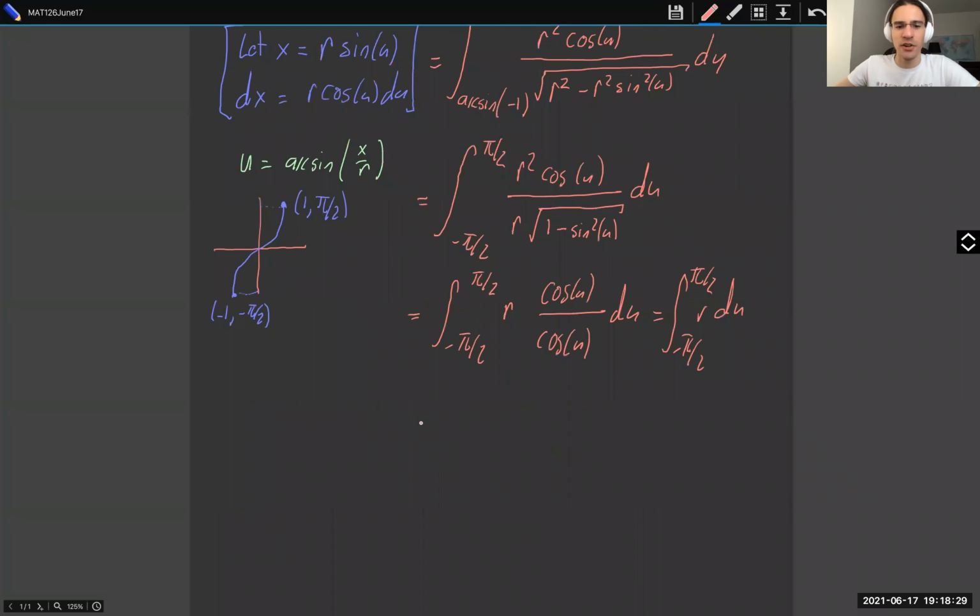And what's the antiderivative? Oh, well, I can factor, the r is just a constant. I can factor the r out front. So this is the integral of 1 du. What's the antiderivative of 1? R squared over 2? No, it's not. R is a constant. R isn't the variable of integration. This is the function 1 du, right?